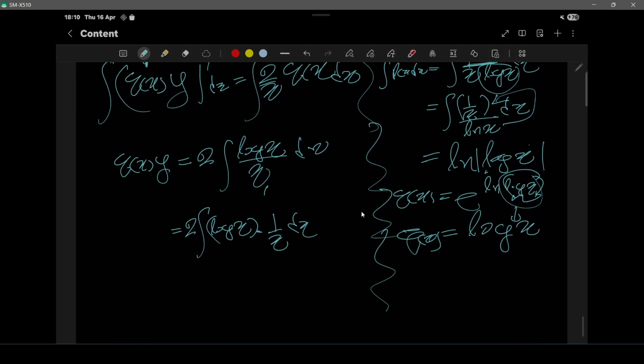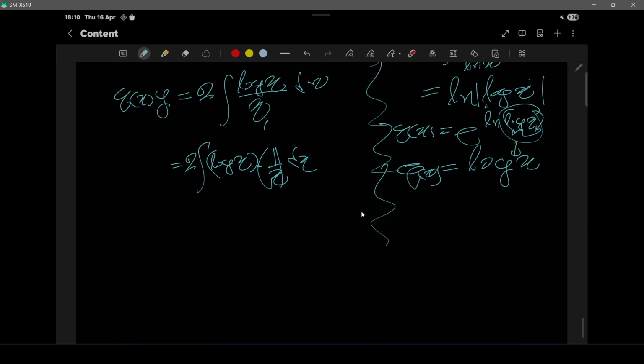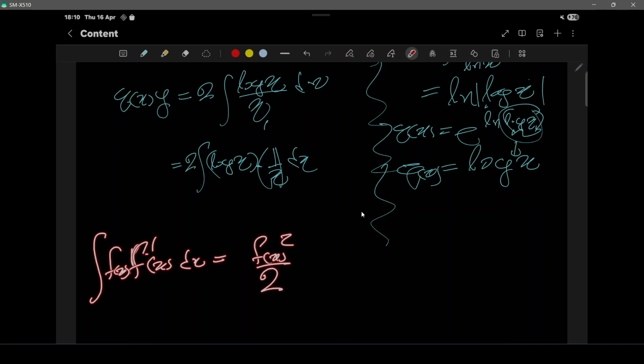If you learn integration, you will probably know that if there is a function and its derivative multiplied, and we have to integrate it, this is equal to f x squared over 2.